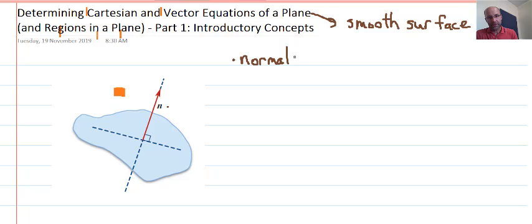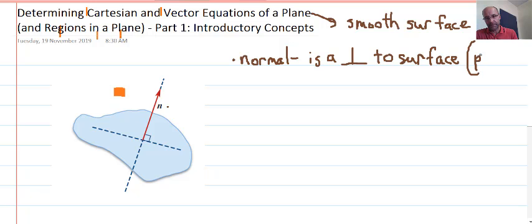More generally, even outside of the study of vectors, normals are talked about. A normal is basically a line which is perpendicular to a surface, or we could say a plane. It's at 90 degrees, and you can see in this plane here we've got n, which is the normal.